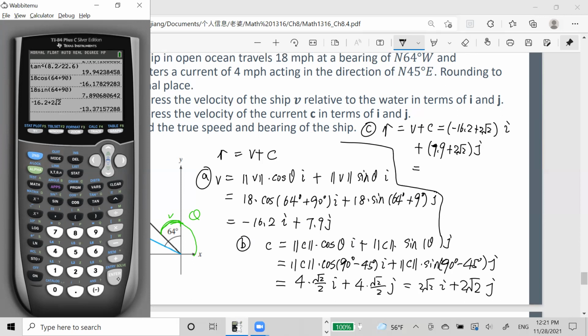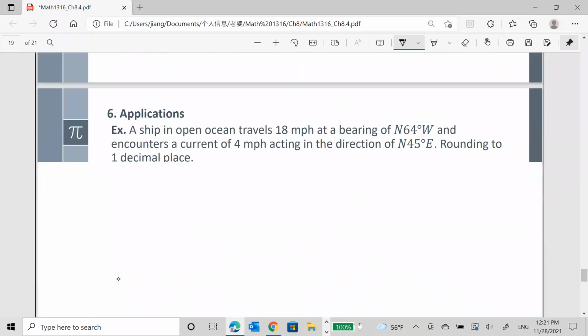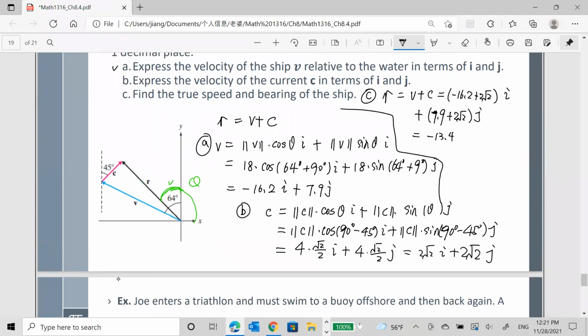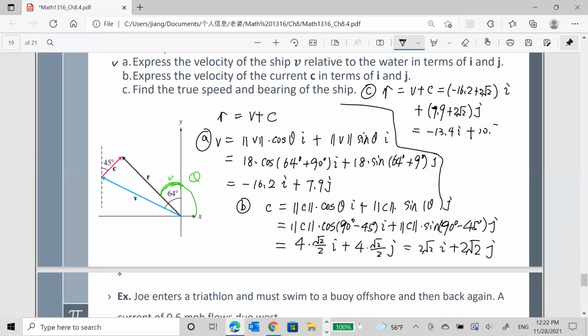So negative 13.4 I, and then plus 7.9 plus 2 times square root 2. Hit enter, it is 10.7 J.